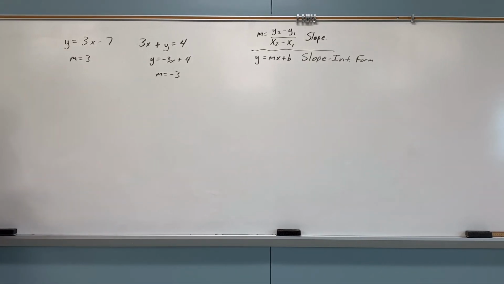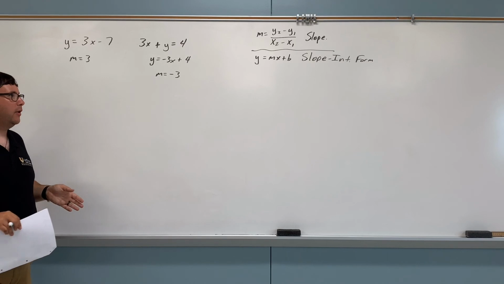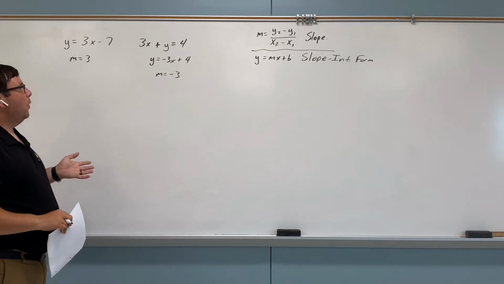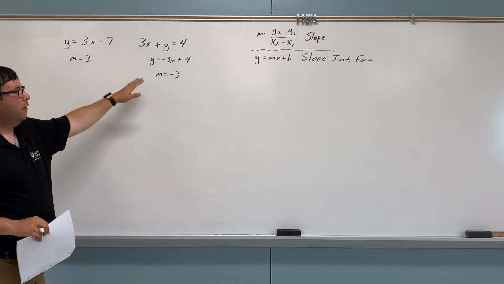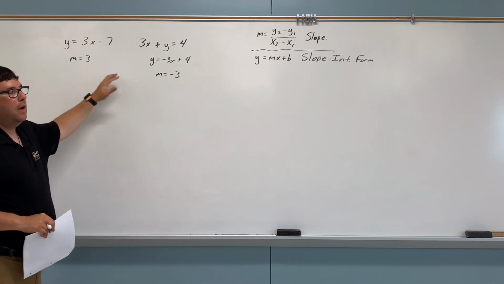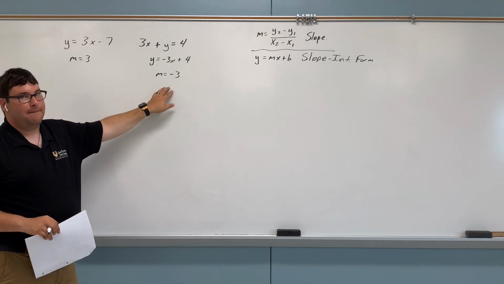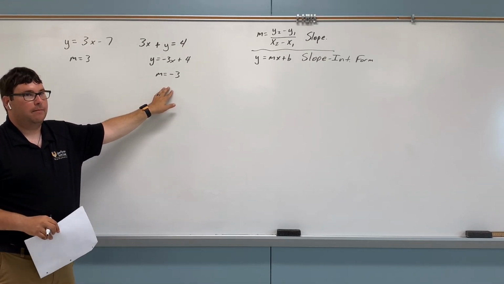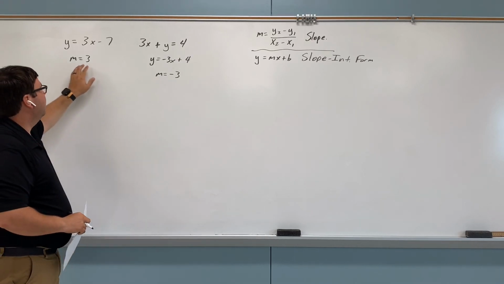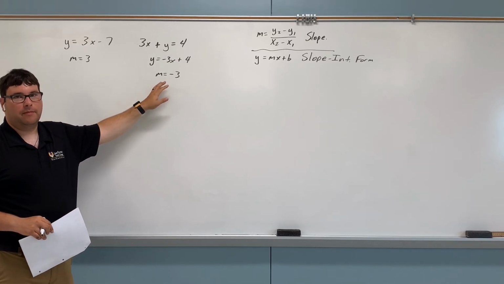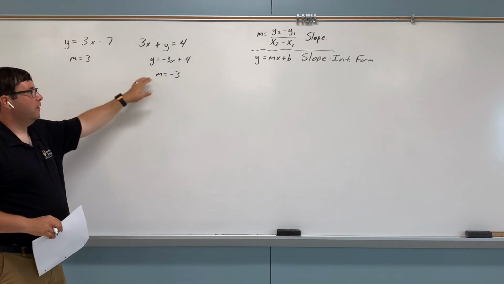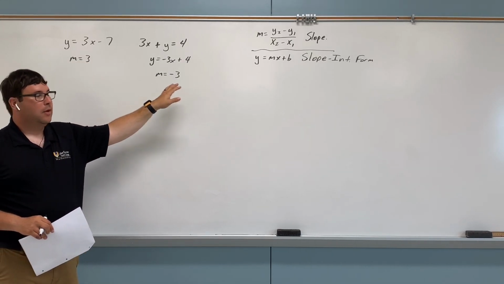How do I determine whether or not these are parallel, perpendicular, or neither? Well, I have to compare the slopes. Are the slopes the same? Like exactly the same? No, they're opposite in sign, which means these two lines are not parallel.